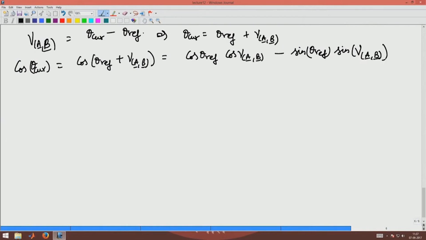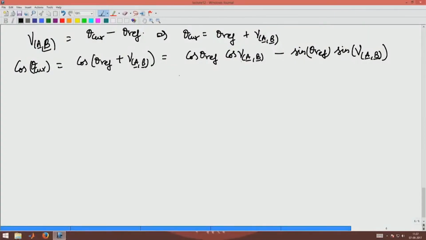Okay. Now, what we know is cos of theta ref, but if gamma A B is small, say less than 2 degrees, then what can I say? Cos of gamma A B is close to, what will be cos of gamma A B?